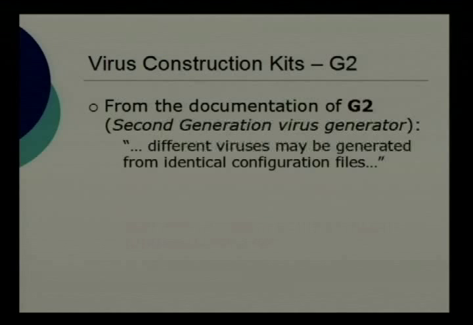Let's look at the other one, G2. We also downloaded it from the web, and its documentation says that different viruses may be generated from identical configuration files, and we actually tested these configuration files and generated different viruses.